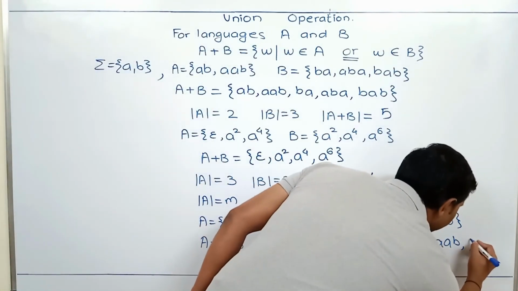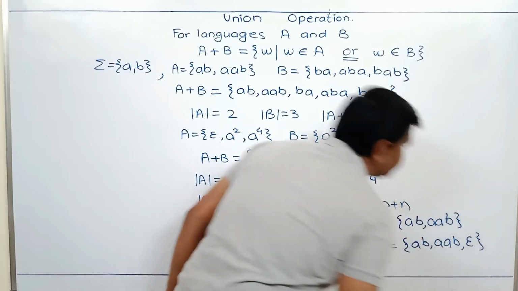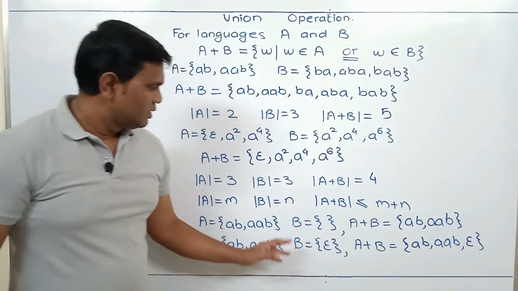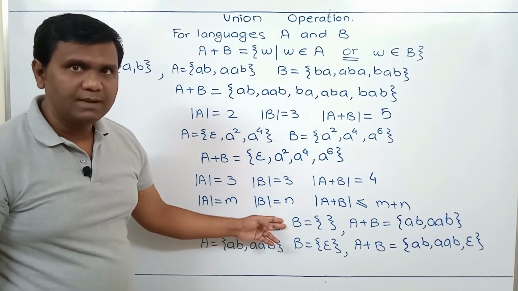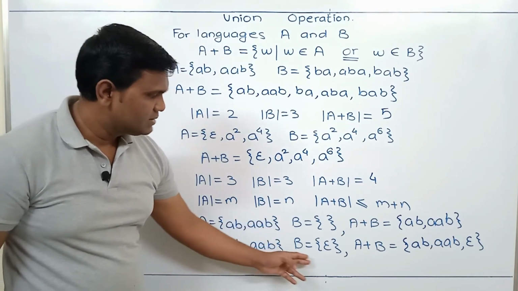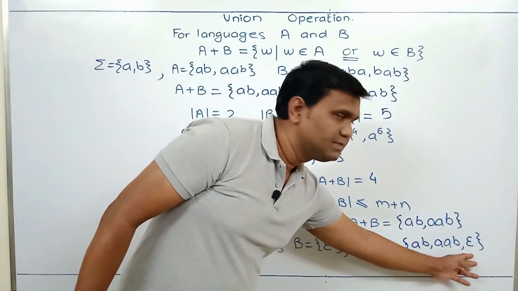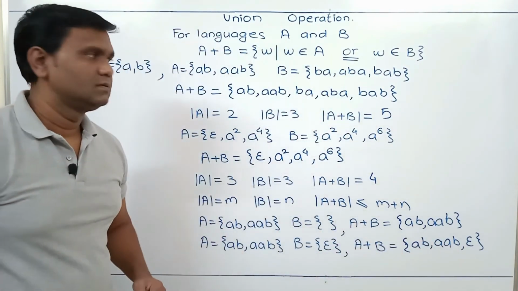So in A + B we add epsilon because language B contains epsilon. In the earlier case B was the empty set; in this case B is not the empty set, it contains epsilon. So here in A + B we must add epsilon.